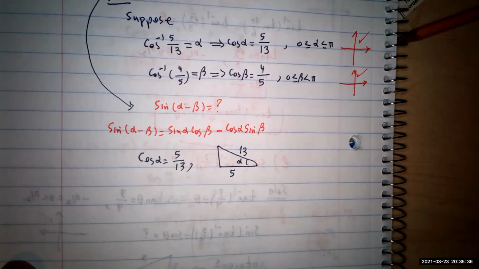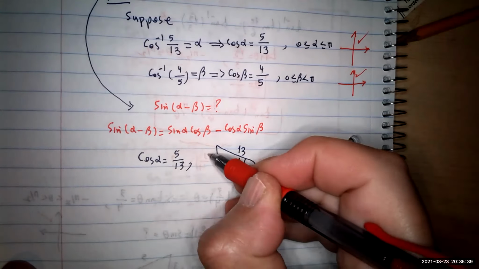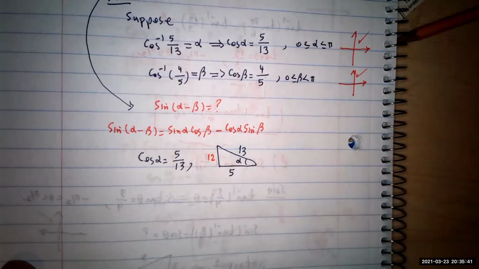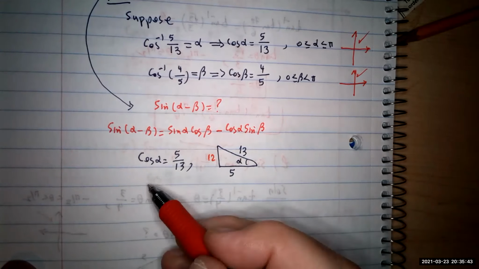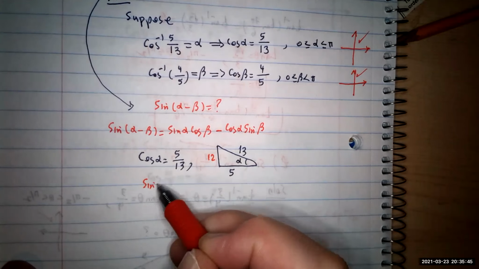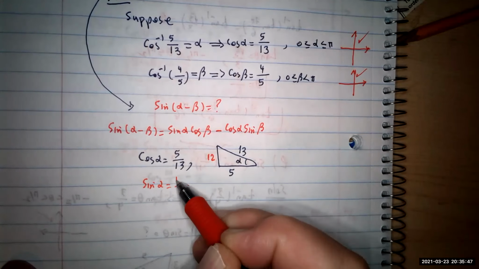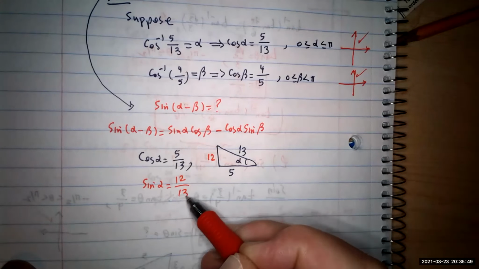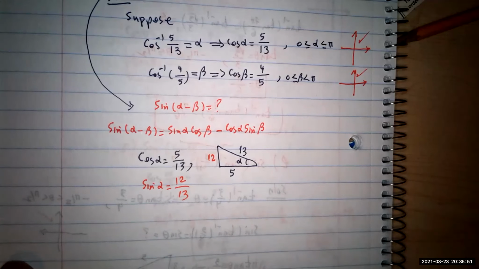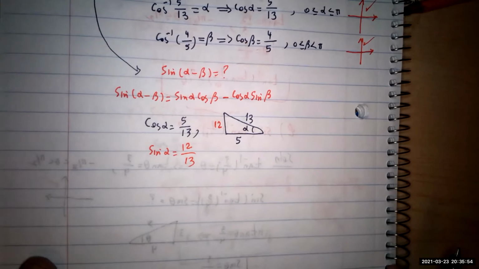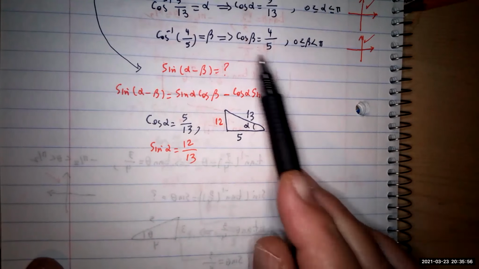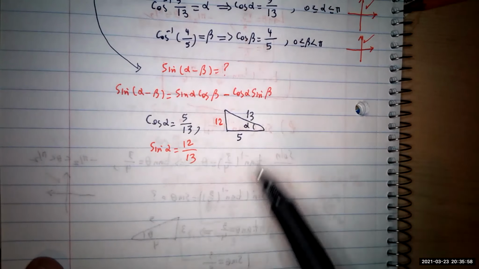So that gives you 12. Okay, that would be 12. And then you need to find the sine in this case. So the sine of the alpha would be 12 over 13. Okay, so we have all the information for the alpha. Any question? No. Check the other one.